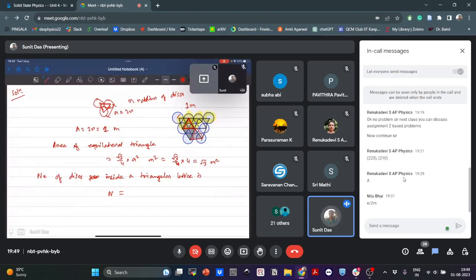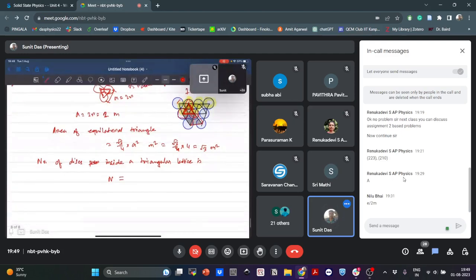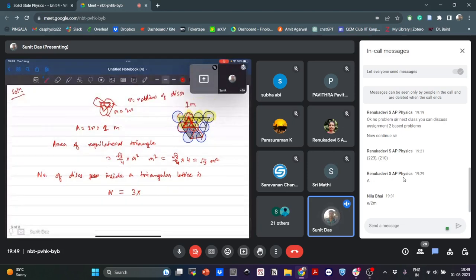If we focus on this triangle itself, then there are three circles or discs around this one, right? Now each disc contributes to six such triangular structures, right?